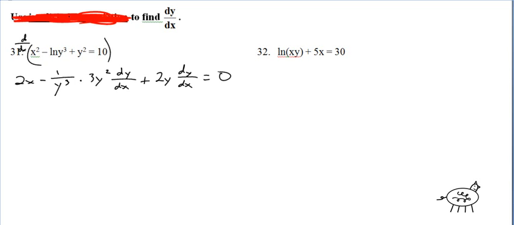All right, and group all our dy dx's together. So basically you're going to have negative 3y squared over y cubed dy dx plus 2y dy dx is equal to negative 2x. It's the only thing we're moving over.